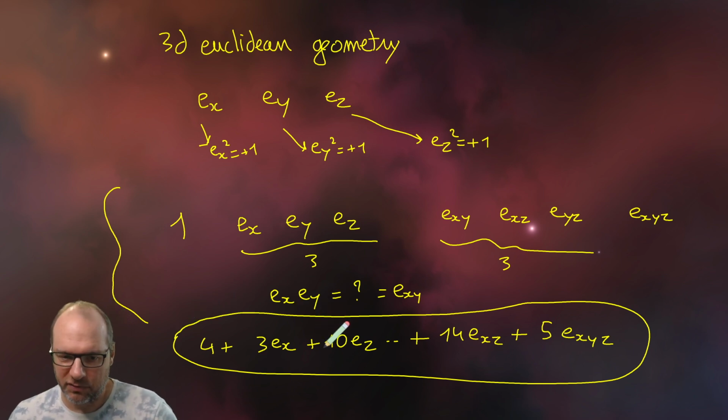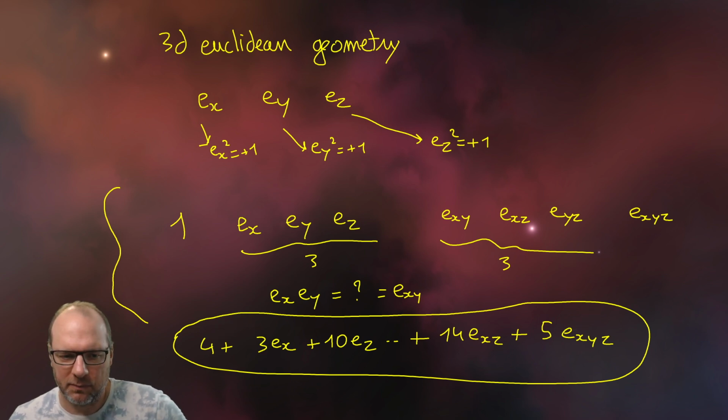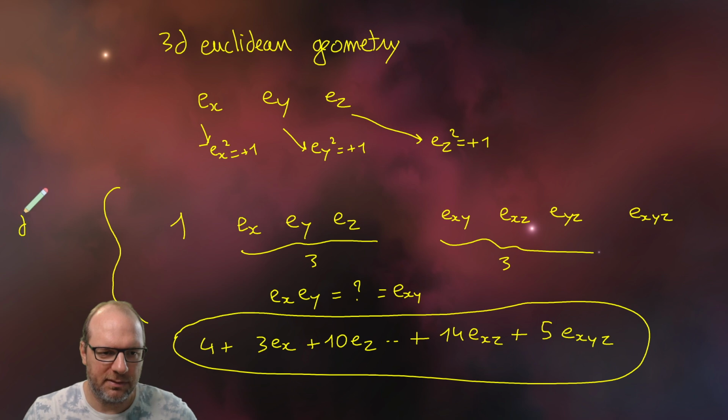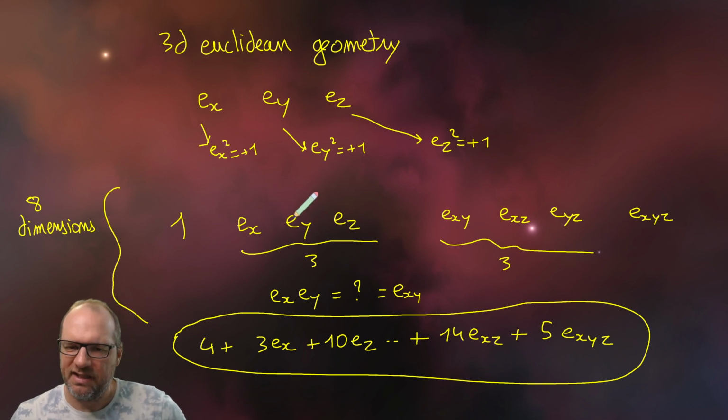This is a big algebra, and the maximum number of components we need is 8. So this is an 8-dimensional algebra. We start with a 3-dimensional vector space, and now we construct an 8-dimensional Clifford algebra.